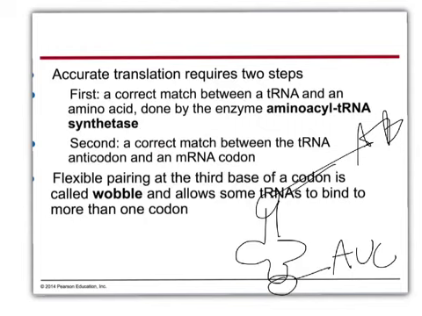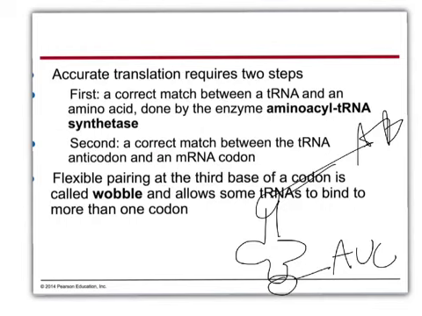You get the wrong attachment, you get the wrong protein, or the wrong amino acid put in the wrong spot because the attachment between the tRNA and the amino acid wasn't correct. So there has to be some identification, an association between the right amino acid and the right tRNA, and this is done by the enzyme aminoacyl tRNA synthetase.